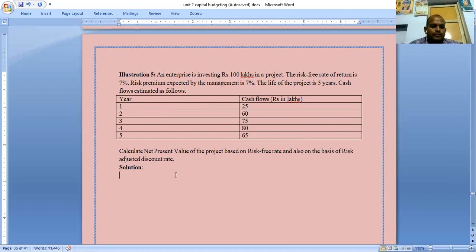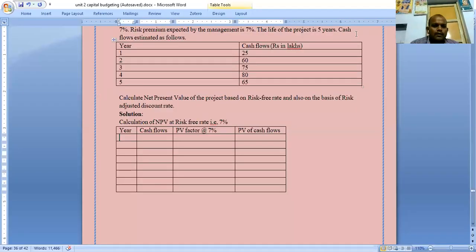So, calculation of NPV at risk-free rate, that is 7%. Now, this is the table to calculate the NPV at risk-free rate.